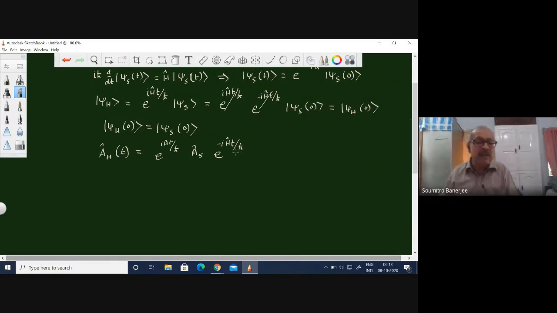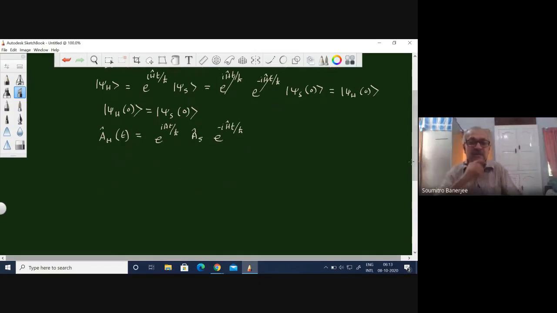The advantage is that if you work with this as the operator, you get certain advantages. I'll show the advantages a little later. First, let us see what happens if the operator were the Hamiltonian operator.